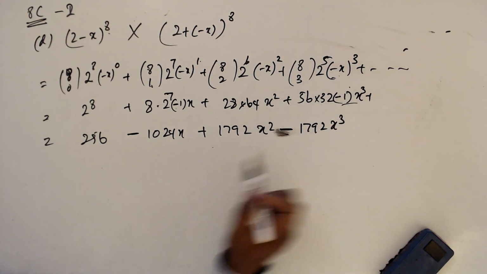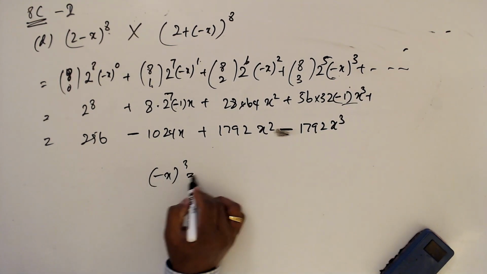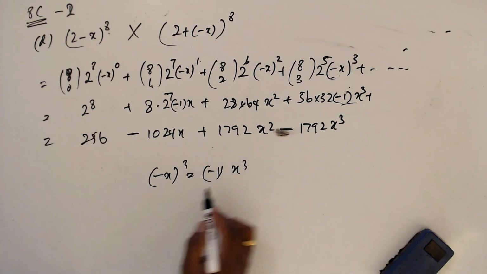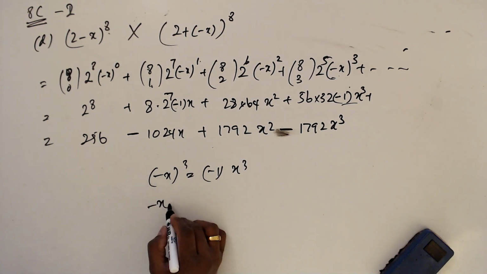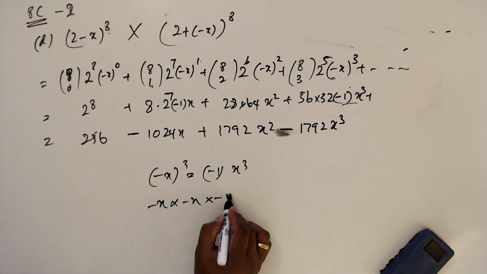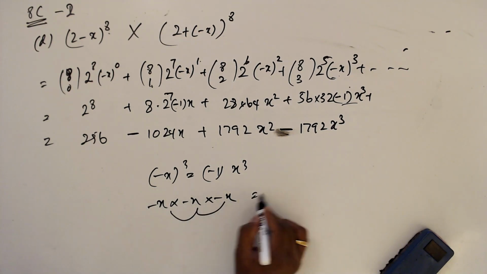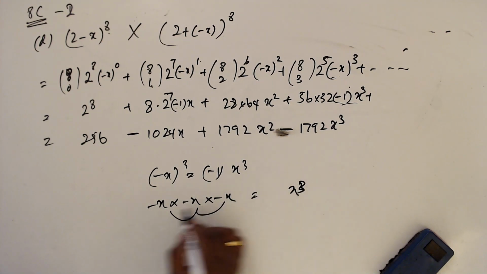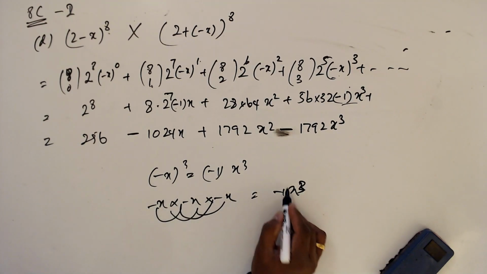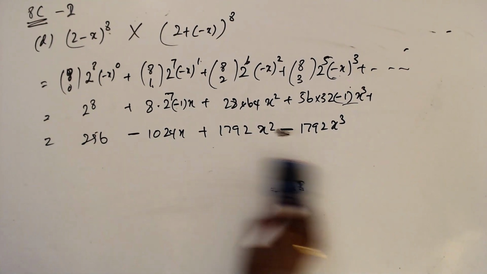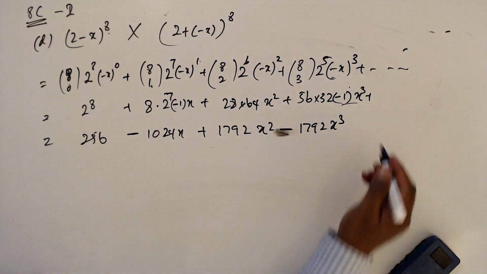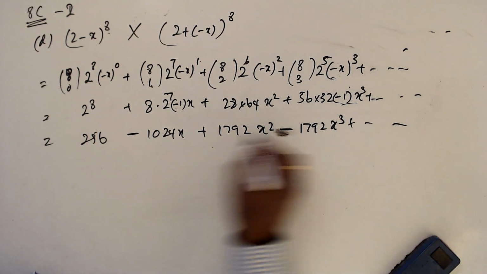I write minus x cube as minus 1 times x cube, because minus x cube means minus x times minus x times minus x. So this is x cube with minus times minus times minus, which is minus 1. And dot dot dot.